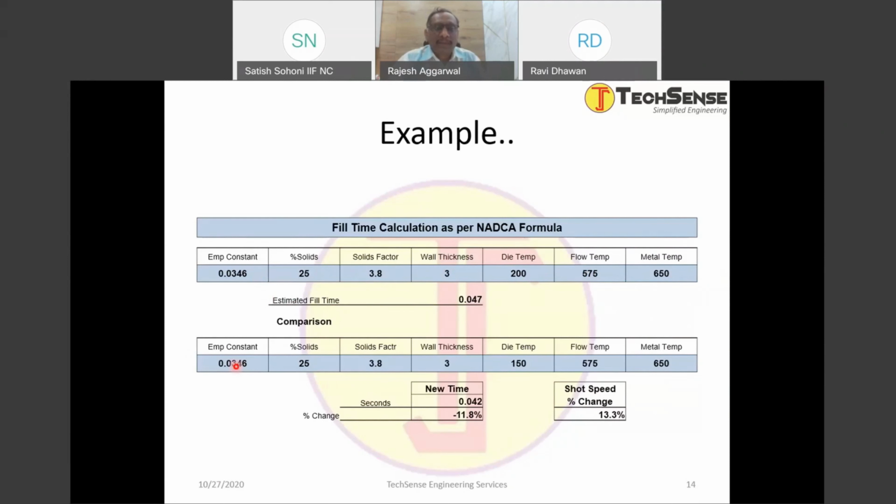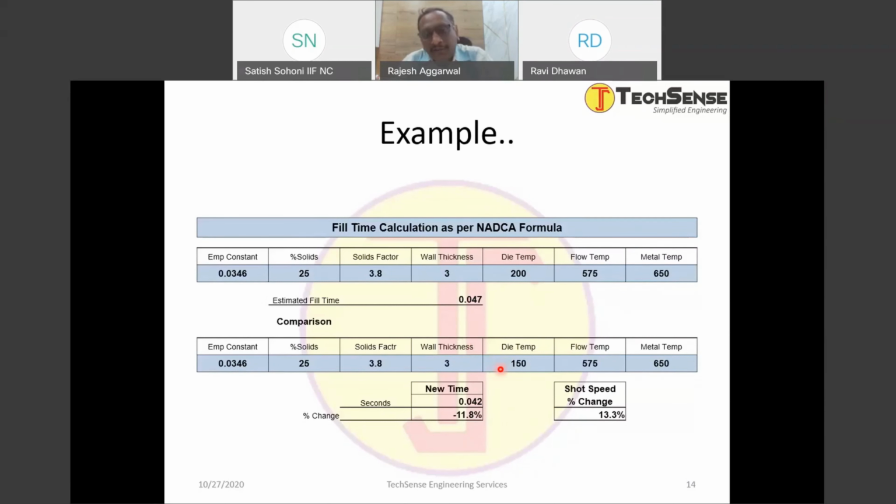Now, keeping all other variables the same, if I just reduce the die temperature, what is happening? The fill time required is less. The fill time required means the cavity should be filled in so much time. Earlier, with this temperature, the cavity fill time required was 0.047 seconds.